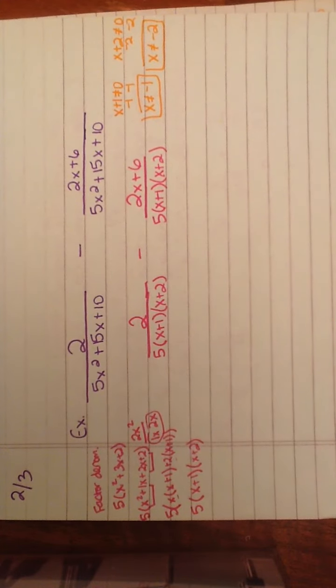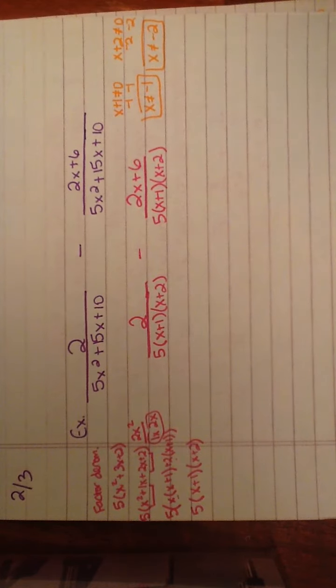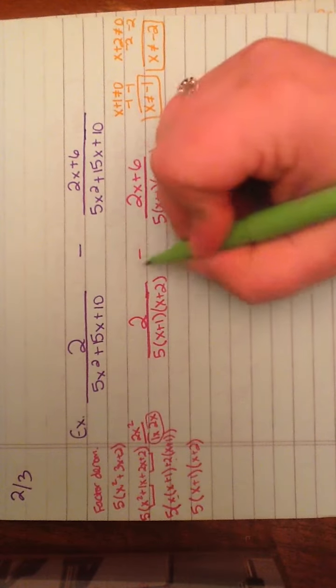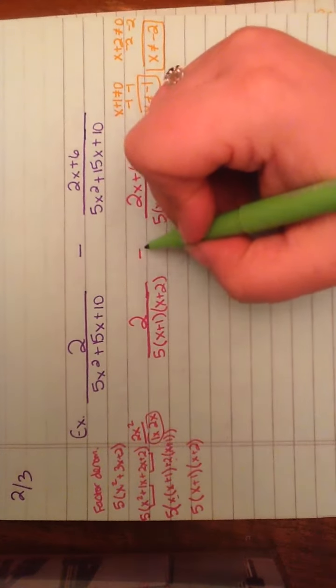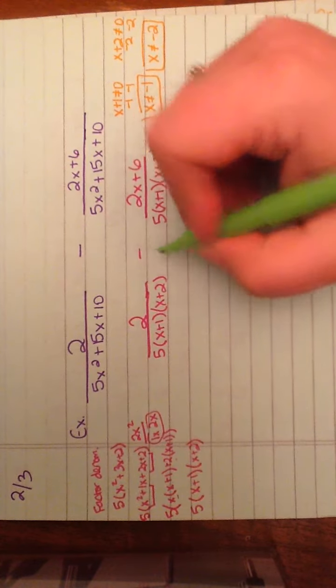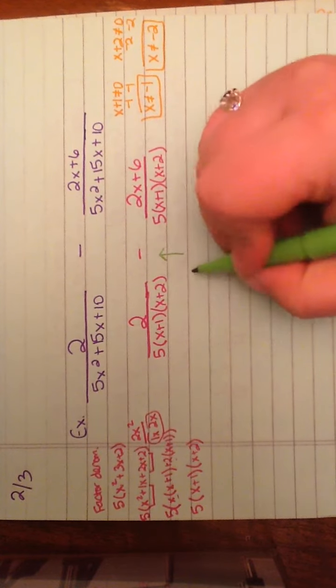Now I need to look at what's going on in between here. So if you look at this really quick, this is a subtraction sign, yeah? So I believe on our directions, I don't know that it said, but anytime you have a subtraction sign, you will have to do this.